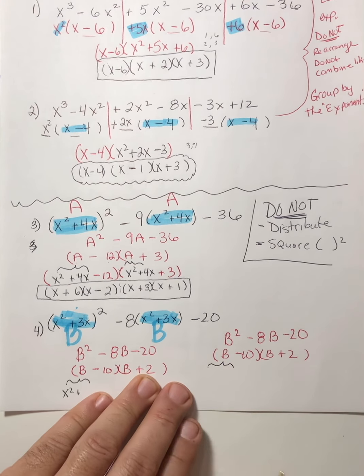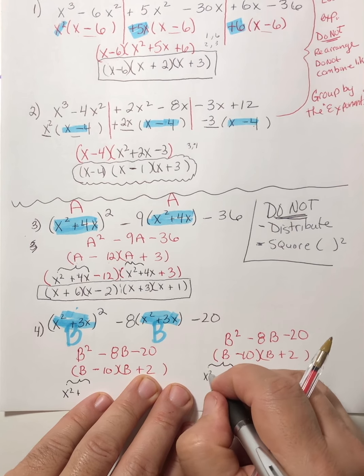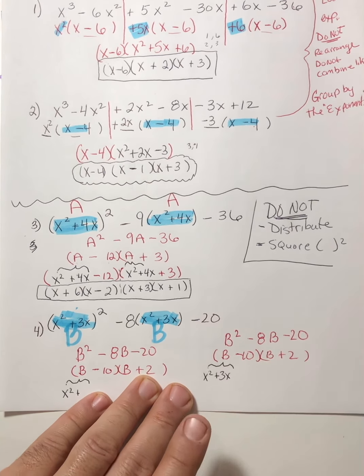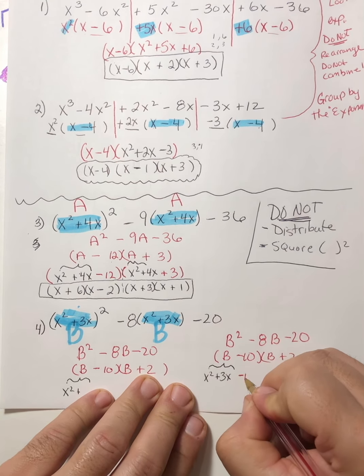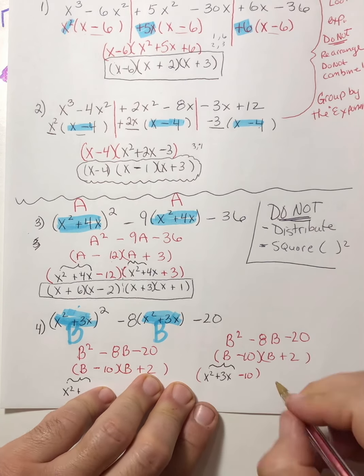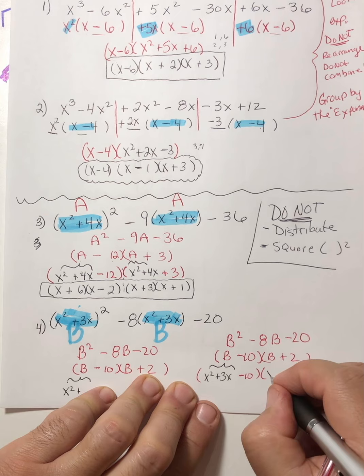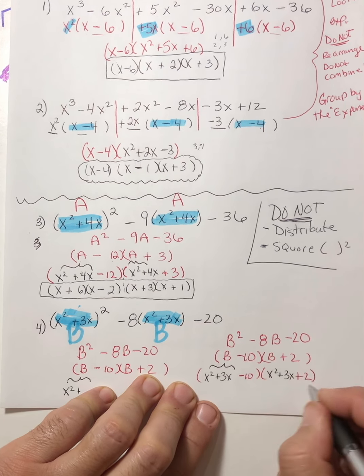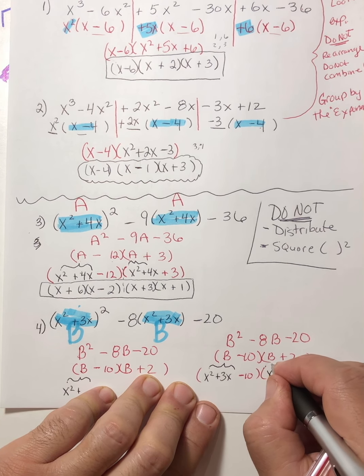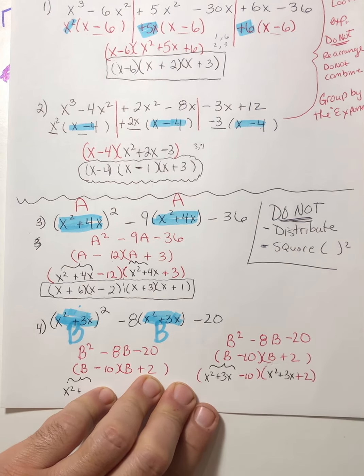So we have x squared plus 3x minus 10, and then we have x squared plus 3x plus 2. So we replace those b's.